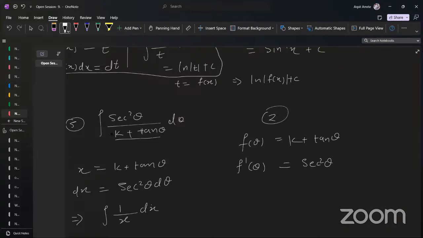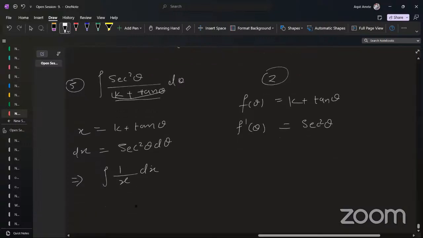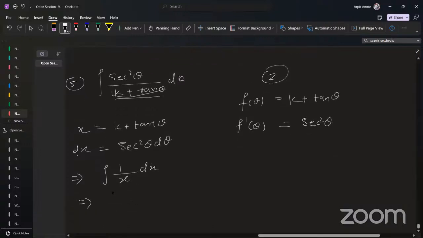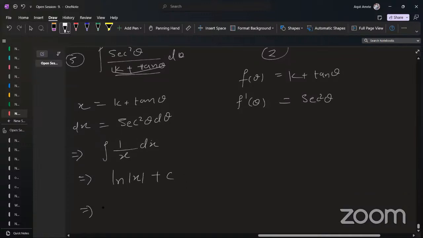Because this one will become your x, and the above one, sec square theta d theta, will become your dx. Is there anyone who is not getting this point? Please let me know. Okay. Then it will be ln of mod of k plus tan theta plus c.